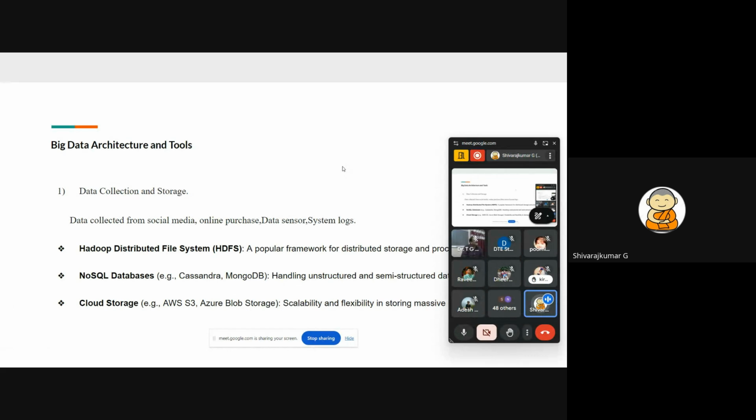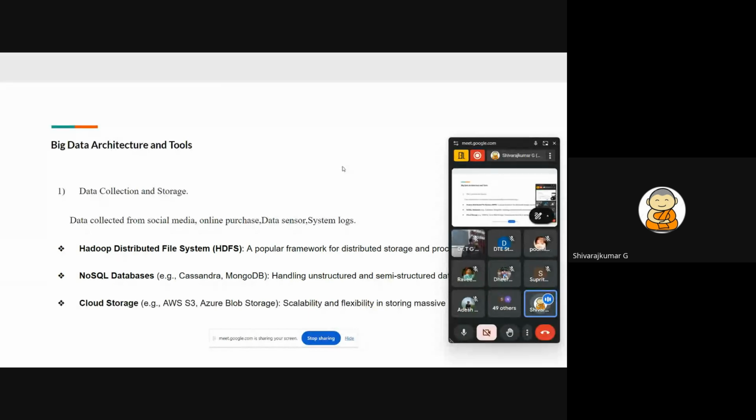Suppose you are using Instagram or any app, then your data will be collected, and your everyday history is stored to recommend the next videos. And nowadays there are smart watches.